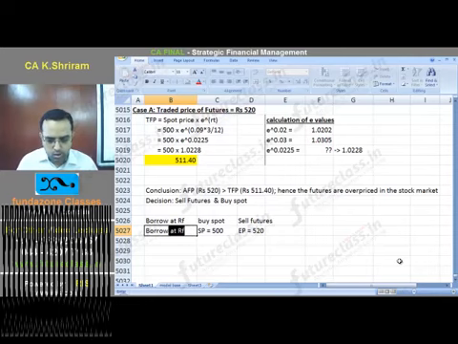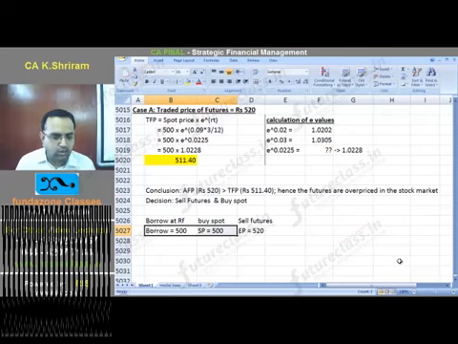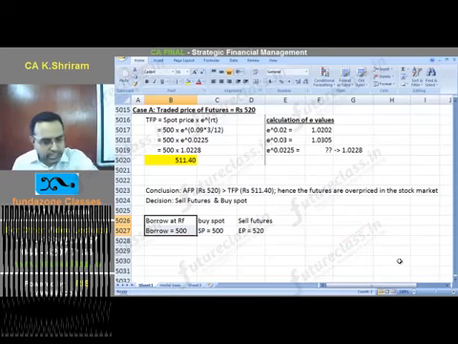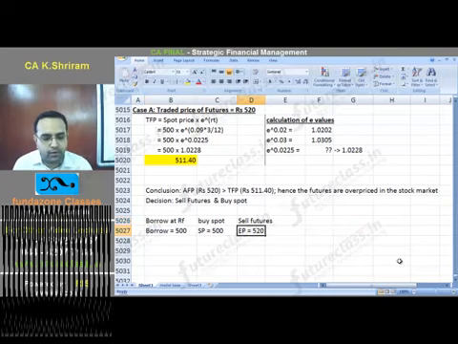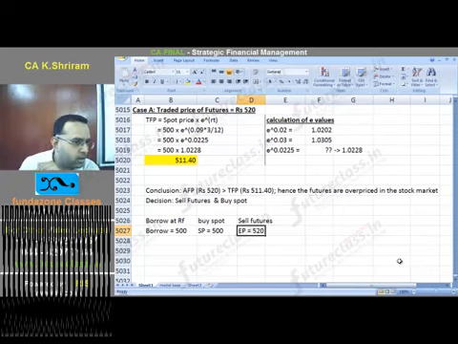You need to borrow 500. That's what will be funding us. You borrow 500 today from a bank or from a government, and then you buy a share at 500, immediately enter into a sell futures for 520 today itself, and keep all the three documents put together, closed for 3 months. At the end of the third month, you see what will happen.